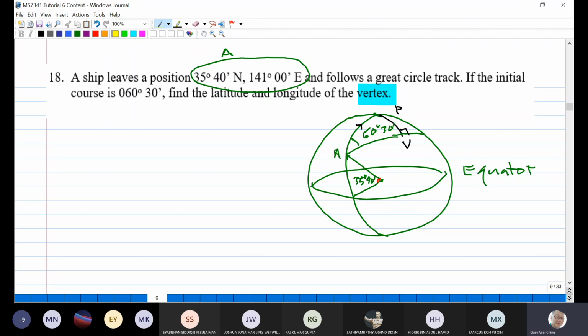We drew a picture already. Let's say A is 141 degrees east.